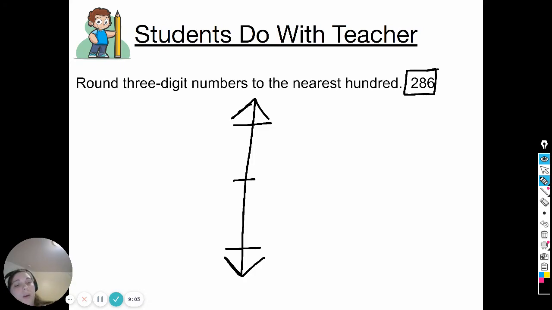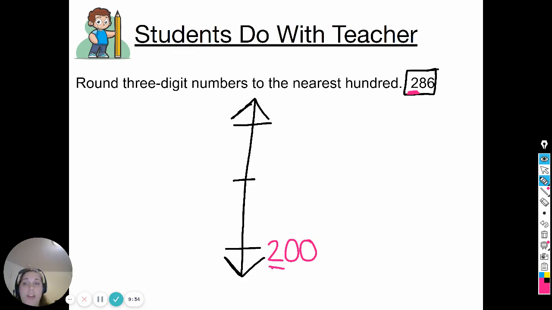So, to get our bottom number, we're going to look in the hundreds place since we're rounding to the nearest hundreds. There's a 2 there. So my bottom number is going to be 200 because we're going to keep that 2 in the hundreds place. And then we're going to have a 0 in the tens and a 0 in the ones spot. Now my top number needs to be 100 more.